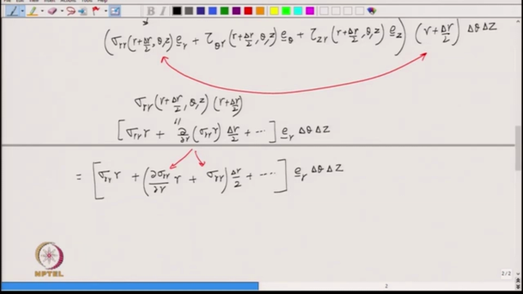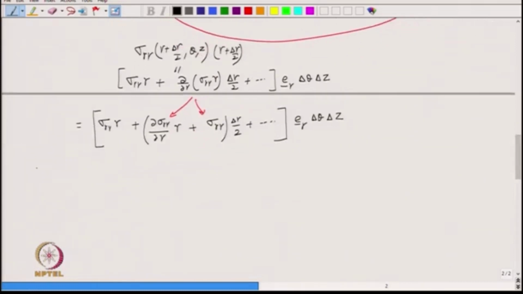Likewise, you think of what would this combination give me for negative r plane. So, for the negative r plane, we will have sigma r r at r minus delta r by 2, comma theta, comma z, times small r minus delta r by 2, is not it.